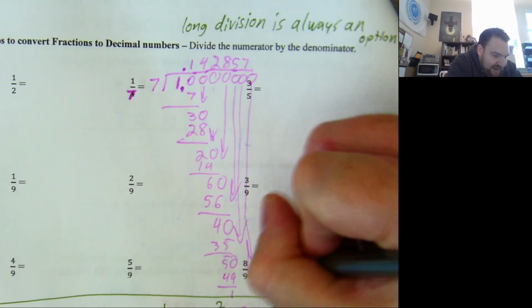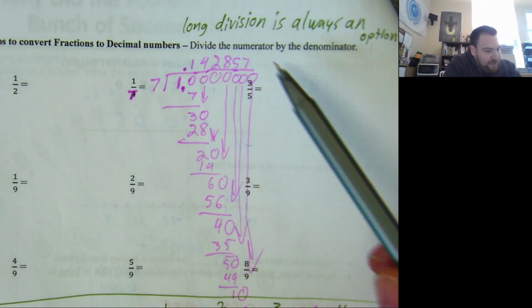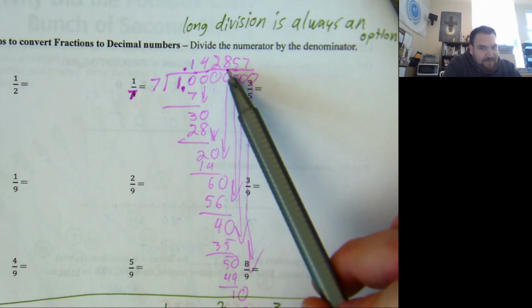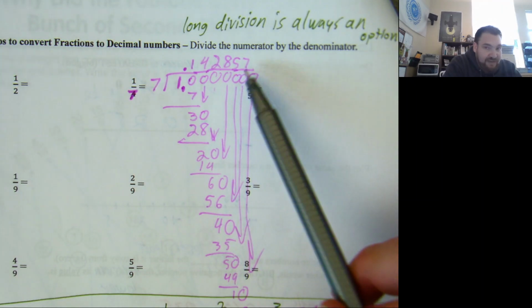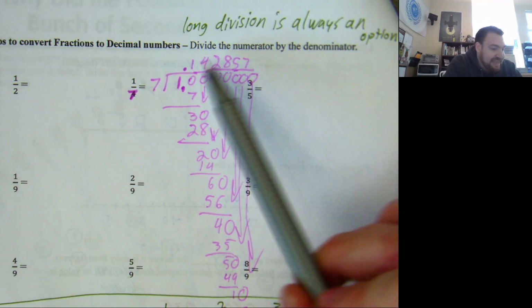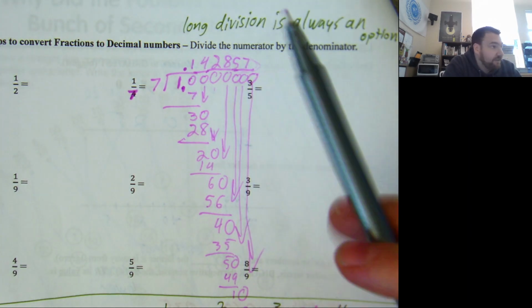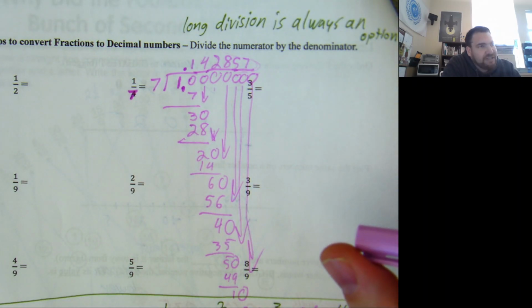Does 7 go into 10? Yes, it does. It goes in once. So your sevenths are 0.142857, 142857, 142857. This set of 6 digits repeats itself. So no, I will never ask you to memorize your sevenths.